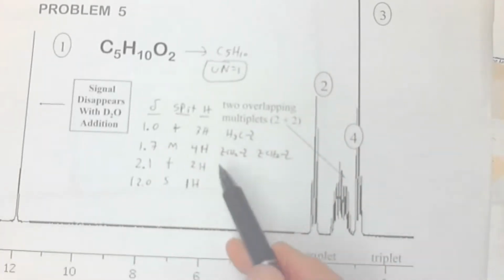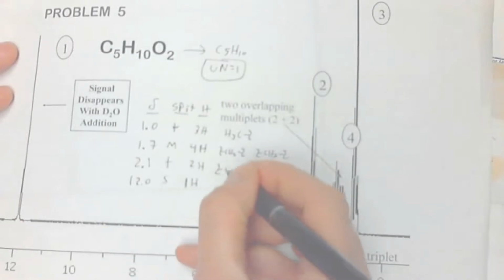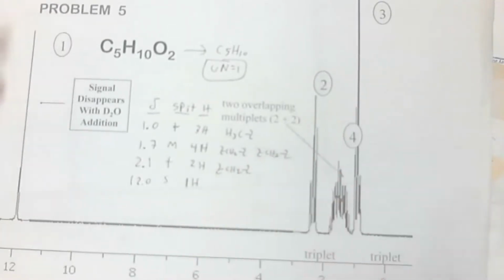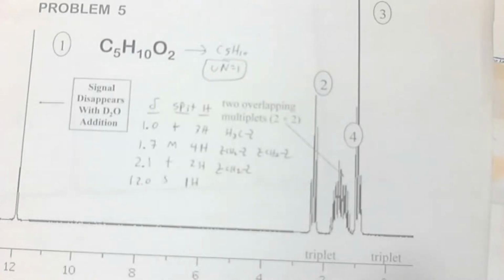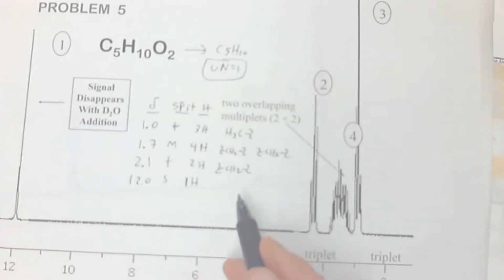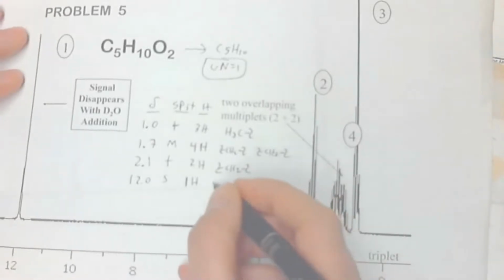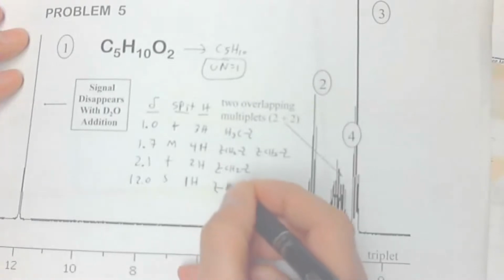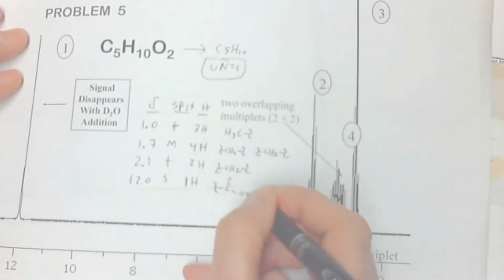And then that's just another CH2. And what about this guy? We decided it's a carboxylic acid. Well, how do I draw a carboxylic acid as a substructure? I just start with the squiggly and write C double bond O, OH.